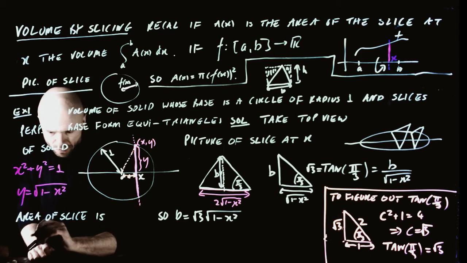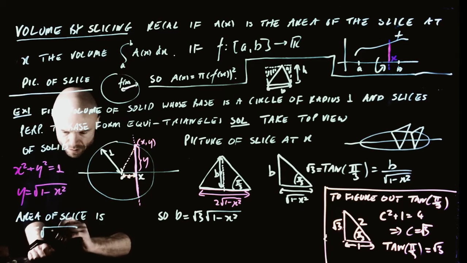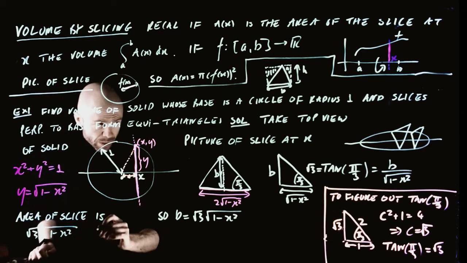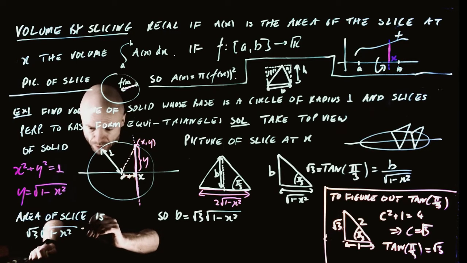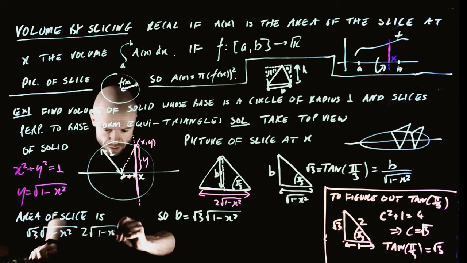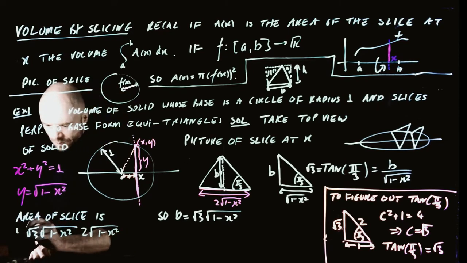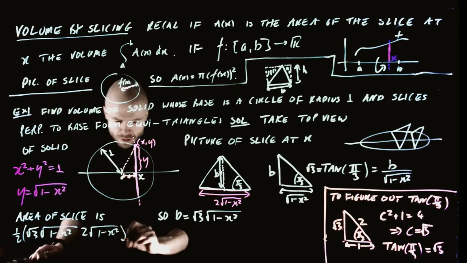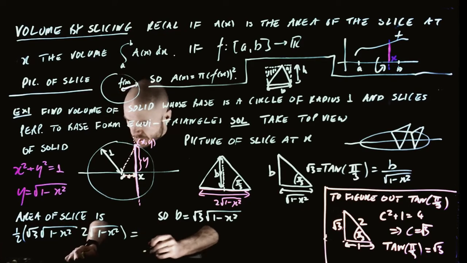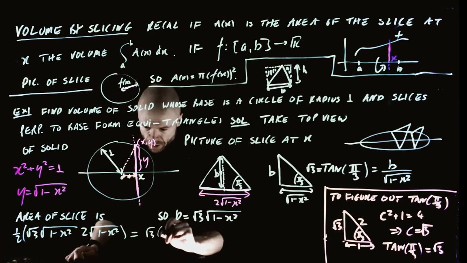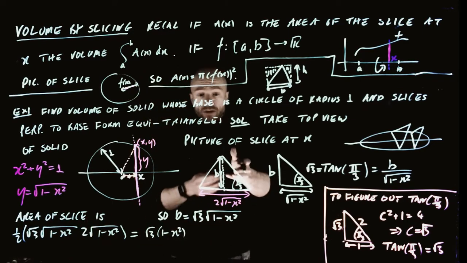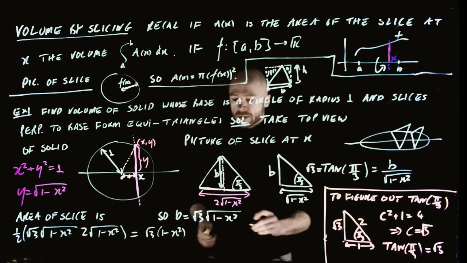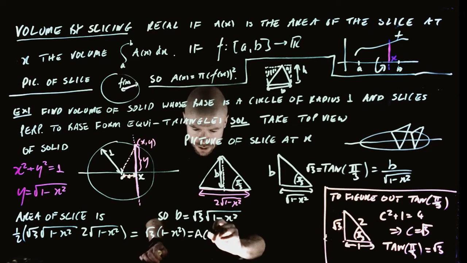So it's square root of 3, 1 minus x squared, the base, times the height, divided by 2. And this turns out to be just square root of 3, 1 minus x squared. Cool. So now we have the area of this slice at x, and this is our A of x.